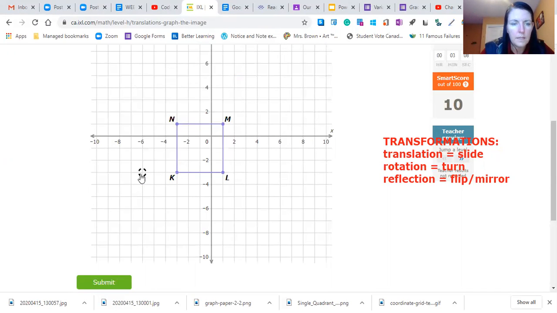Then L, 7 to the left. Then M, 7 to the left. And then N, 7 to the left. And there you have your shape translated 7 to the left.